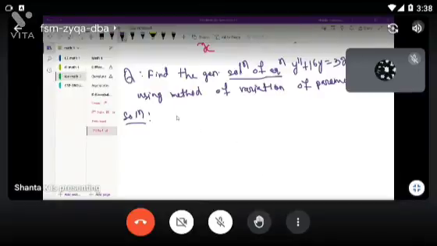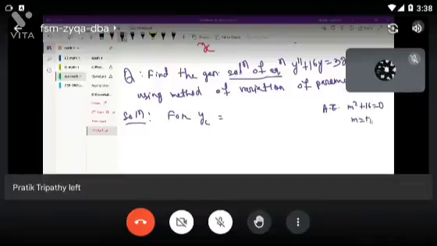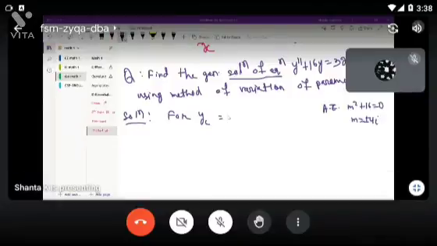Here, if you look at the characteristic equation, since the auxiliary equation is m square plus 16 equals 0, m is plus and minus 4i. So here it is a cos 4x plus b sin 4x.